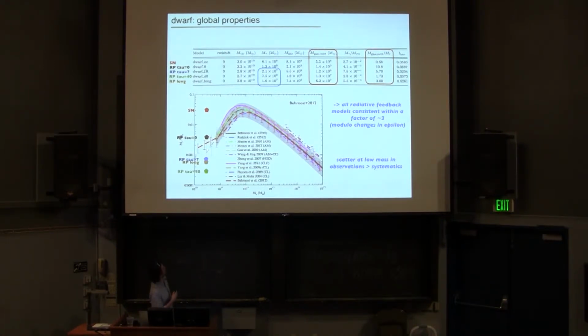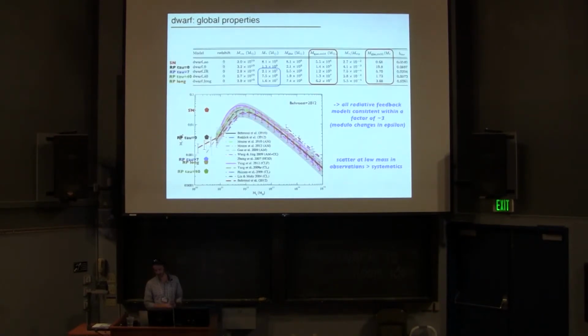Any deviations from the observed ratio in this regime can be accounted for by the scatter in the observations. The error bars you see are only systematic errors.